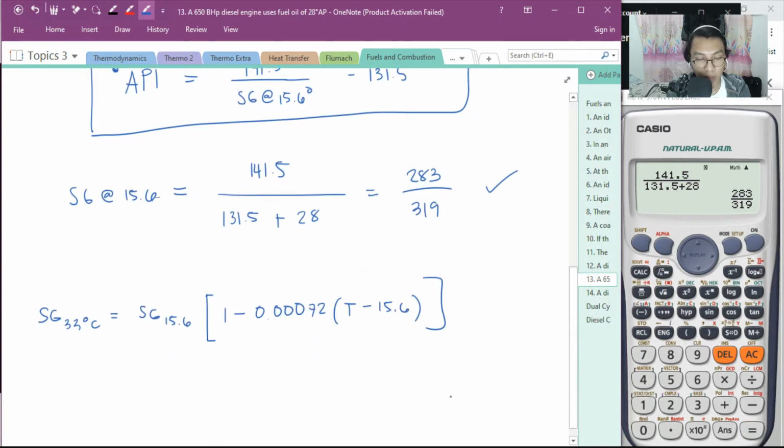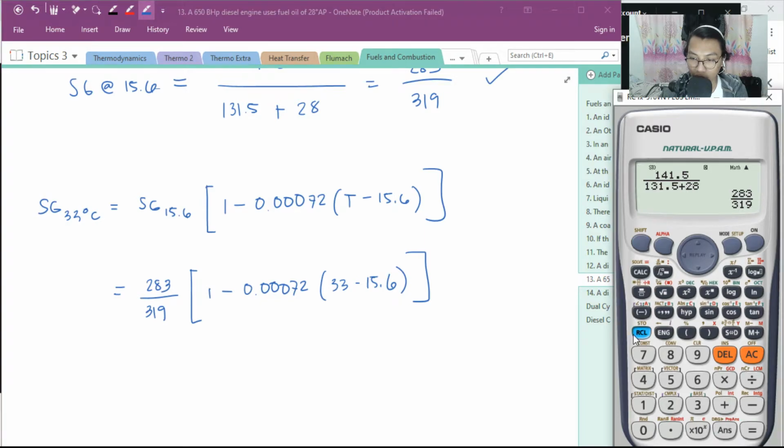Correction factor ang tawag dyan. Equal to, yung SG at 15.6, 283 over 319 multiplied to 1 minus 0.0012372 multiplied to 33 minus 15.6. Then multiply it. Okay?